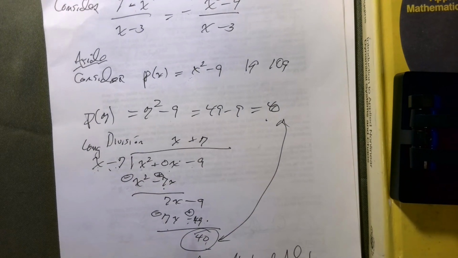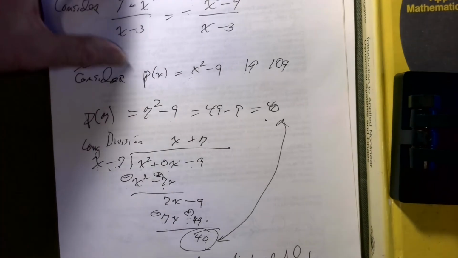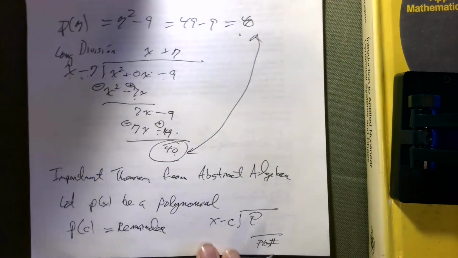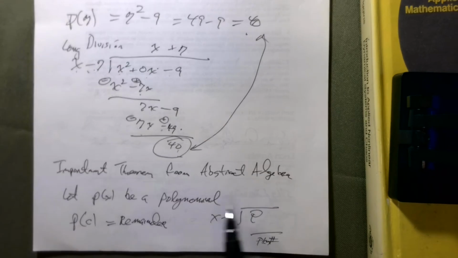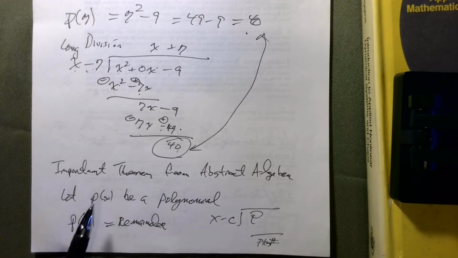Alright? So here's what's happening. This is a very important theorem which you may or may not have seen in your algebra courses. If I give you p of x, like x squared minus 9, a polynomial, and I evaluate p at some constant, like the 7, I get the remainder of the long division.